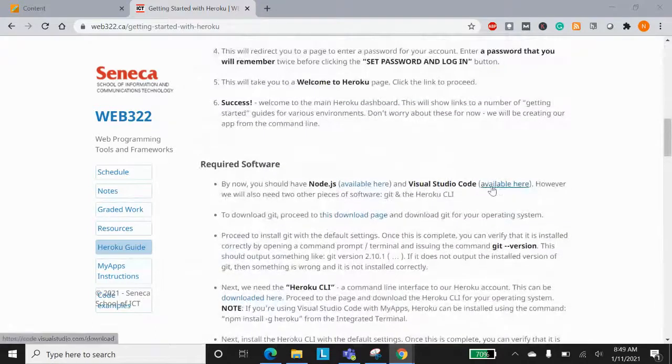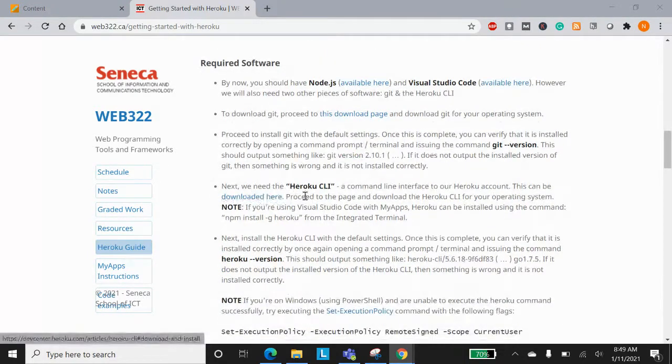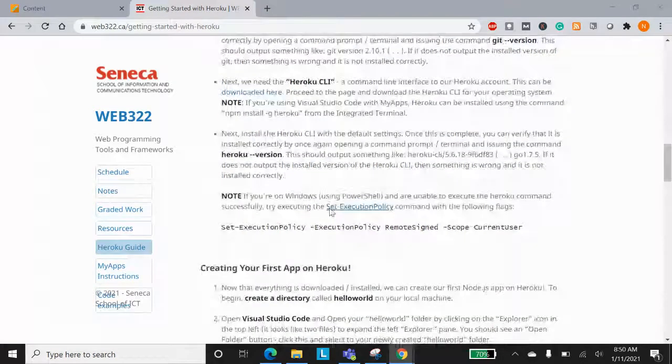You will see how you have to set up. I'm expecting that Visual Studio Code will be with you, and you have to download Node.js, which is available here. You have to download Git. I hope you know what Git is, and if you don't, we'll talk about Git and everything. Then we have to download the Heroku CLI, and through the CLI we'll be working.